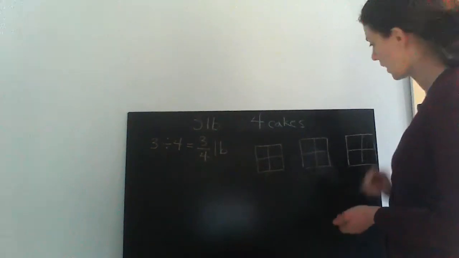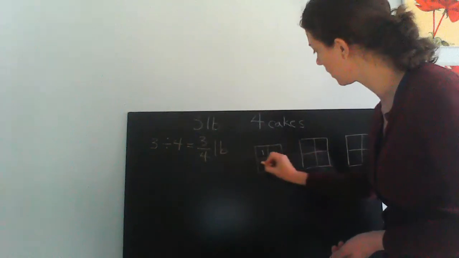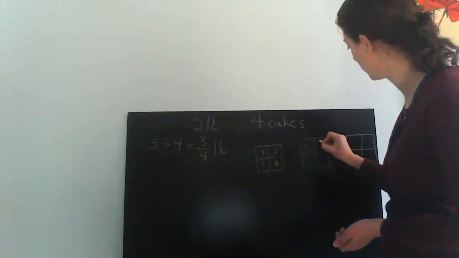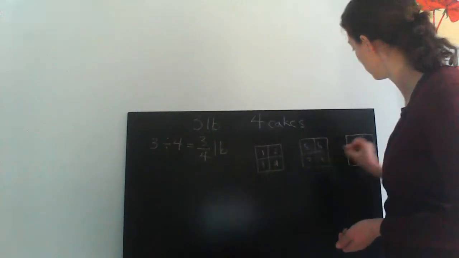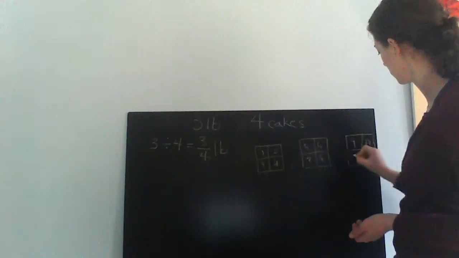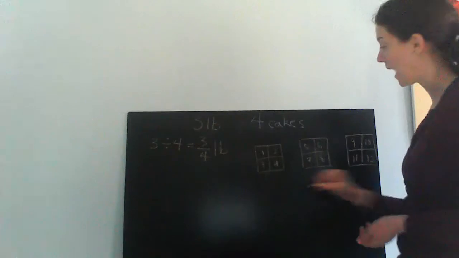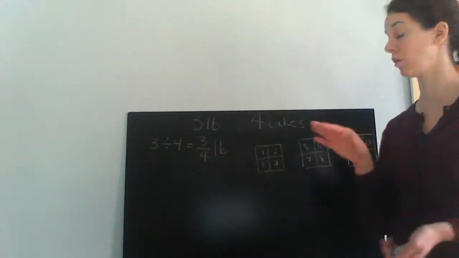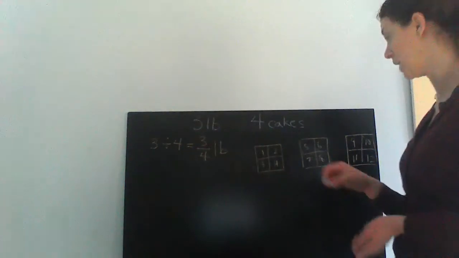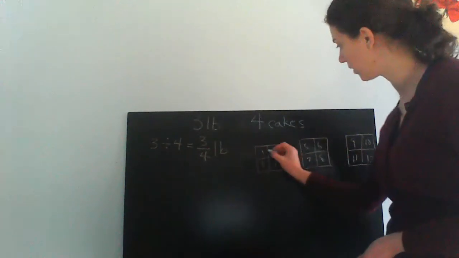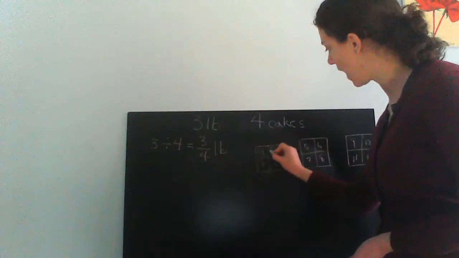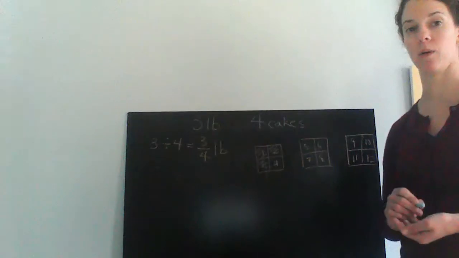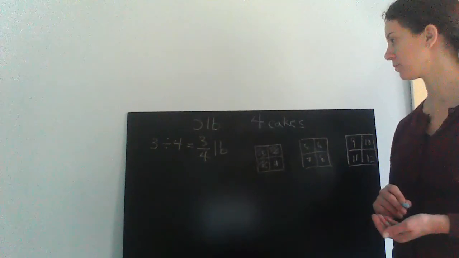Okay. And you see we have 12 fourths. And 12 divided by 4 is 3. So that's a good way to visualize that you're going to use 3/4 of a pound of flour for each cake.